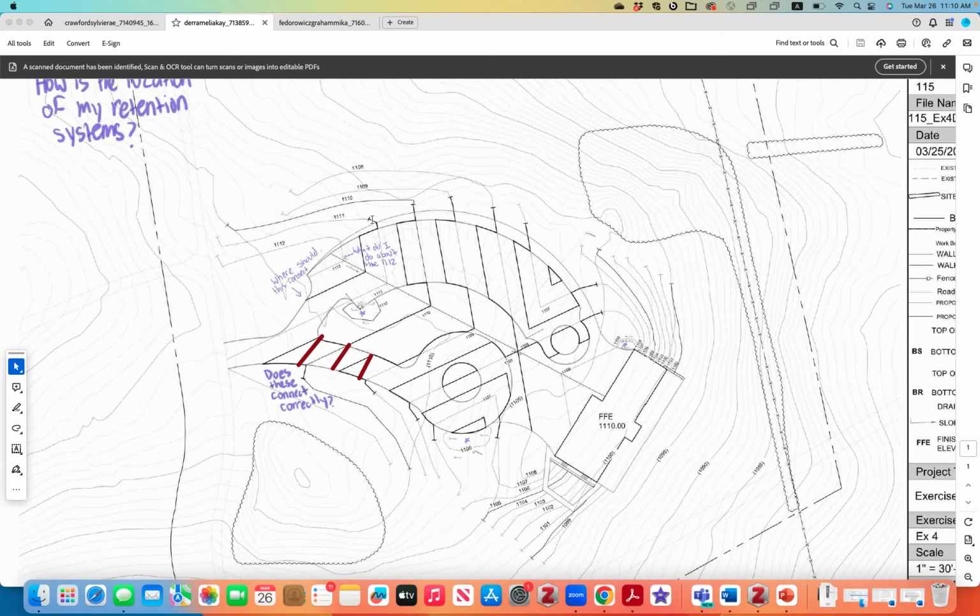So you have 1111, 1112, we need, this is 10. And that's 11. And if we don't want to go too far into the neighboring land, we could do 13 here, and then do 12 here.